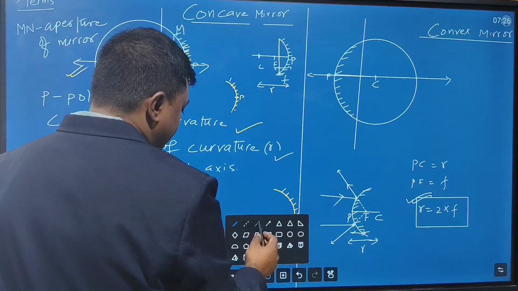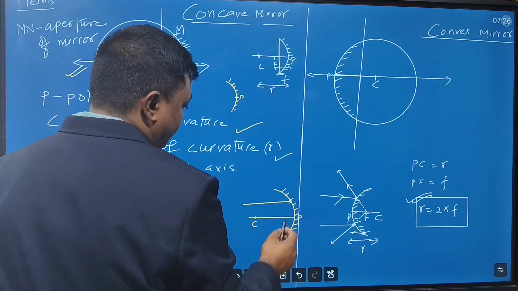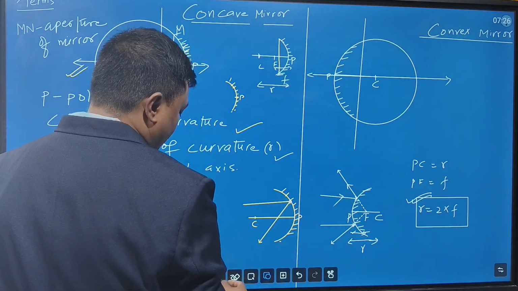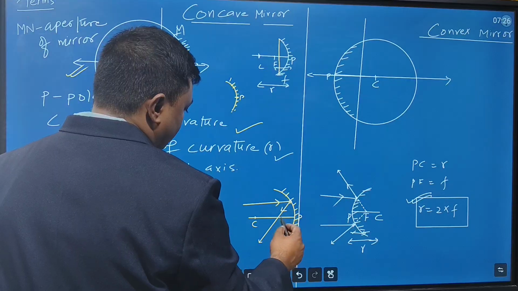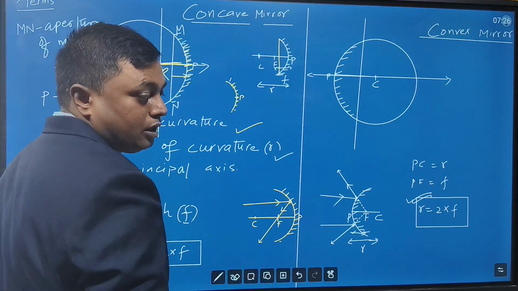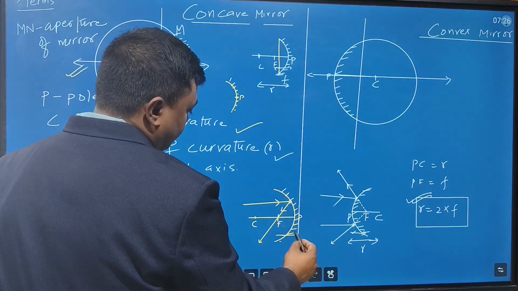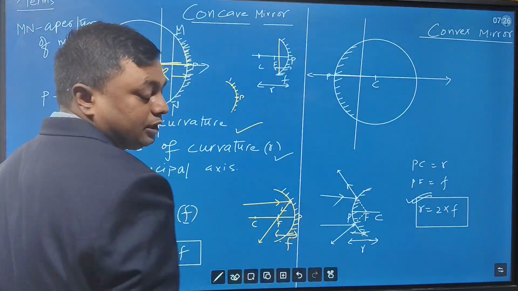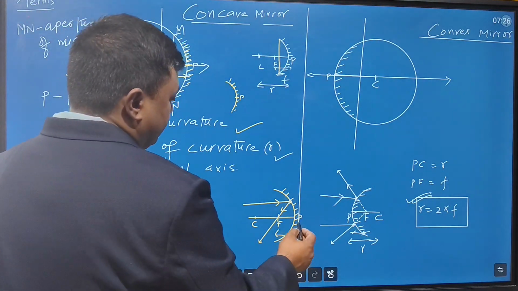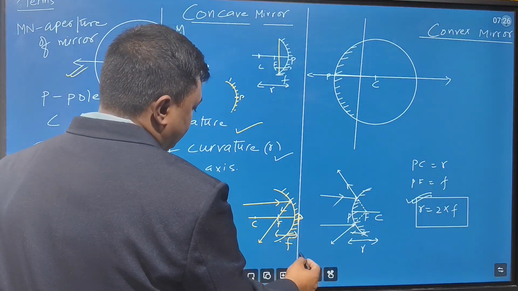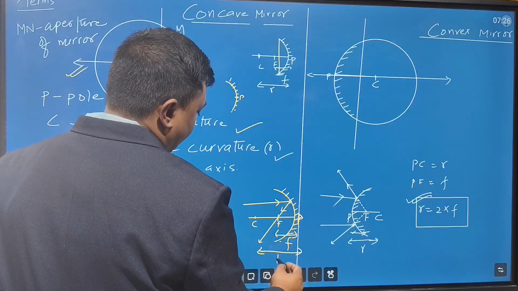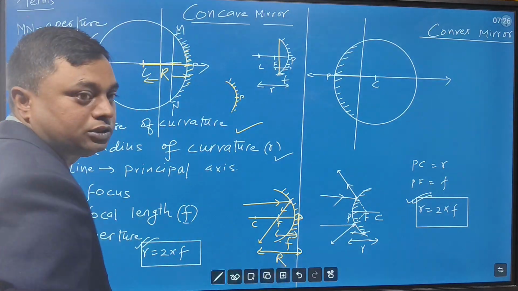If any ray of light is parallel to the principal axis, after reflection it will pass through one point. This point is called the focus, and the distance between P and F is called the focal length, represented as small f. The distance between P and C is the radius of curvature.